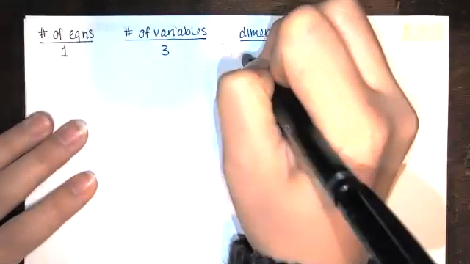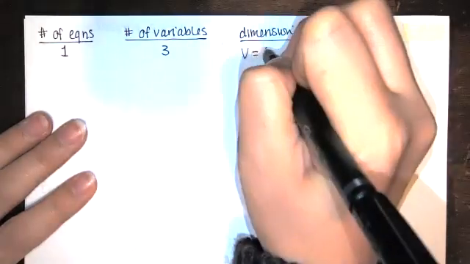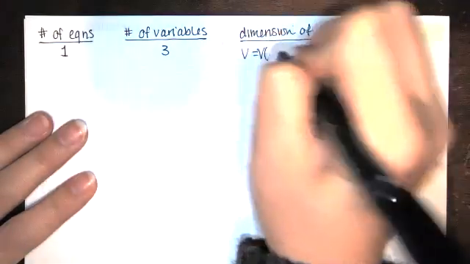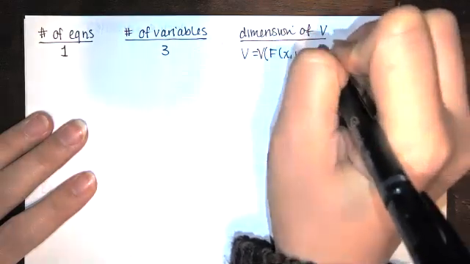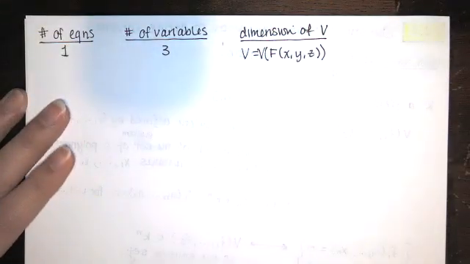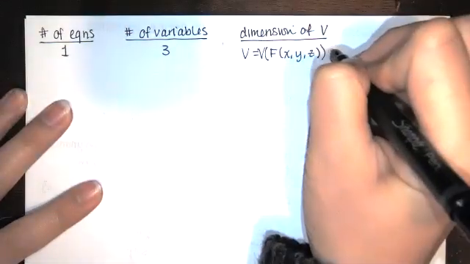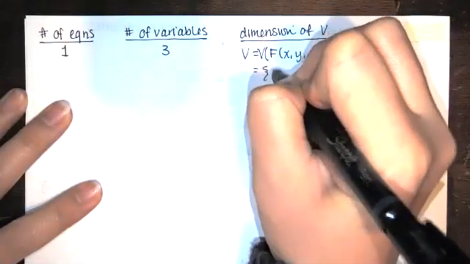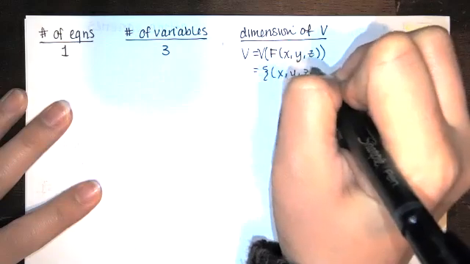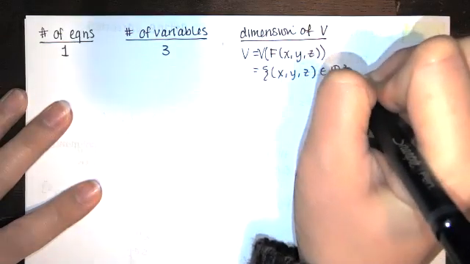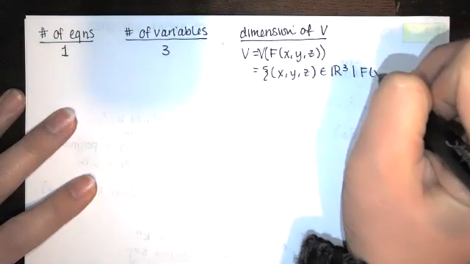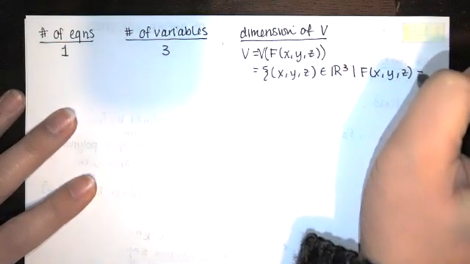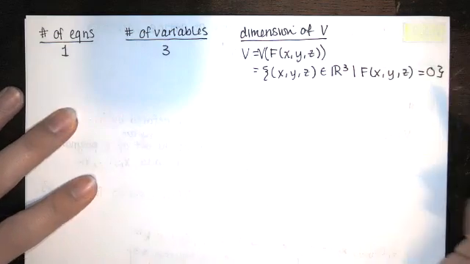Well, in that case, our variety is defined by a single polynomial function in x, y, and z. This is going to be a subset of three-dimensional space. And it's the solution set of this equation.